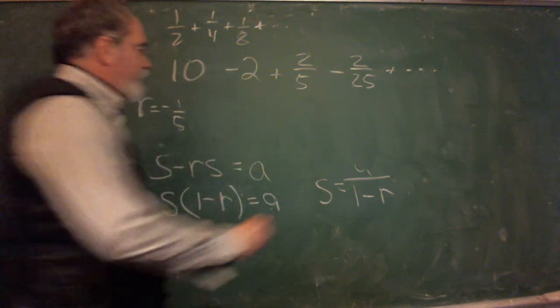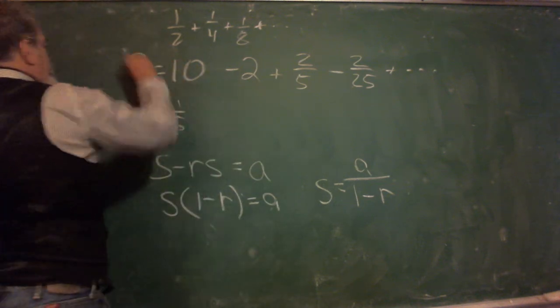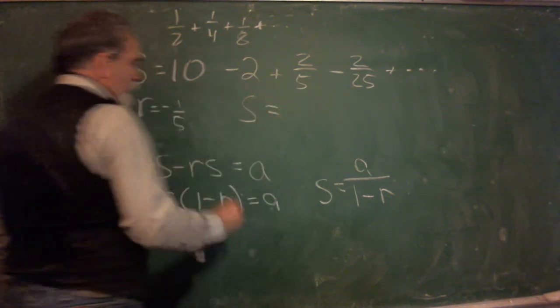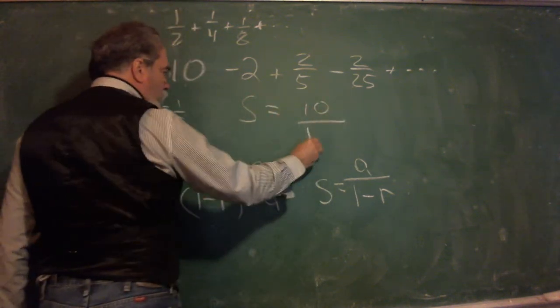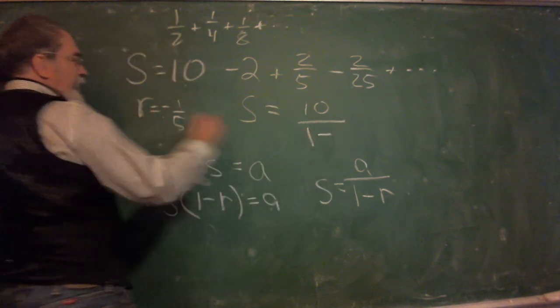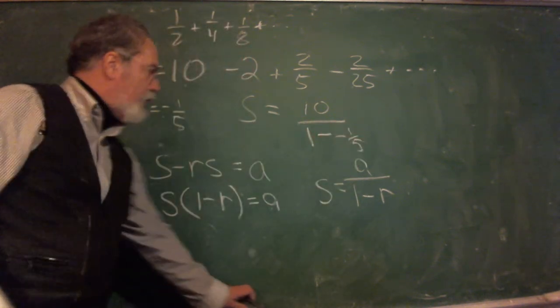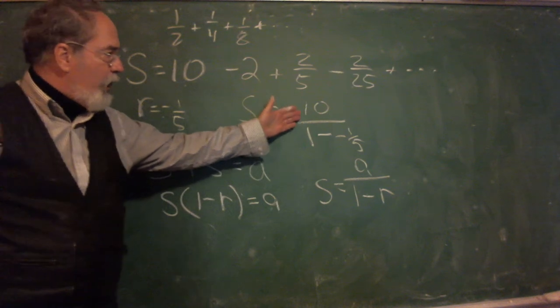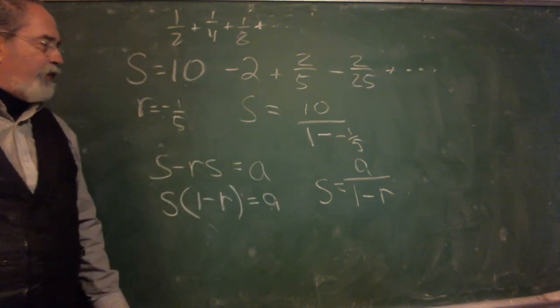And according to my formula, this sum is equal to the first term, which is a 10, divided by 1 minus -1/5. Let's just stop there and appreciate what just happened. 10 divided by this, I'm going to have 1 plus 1/5 down there.